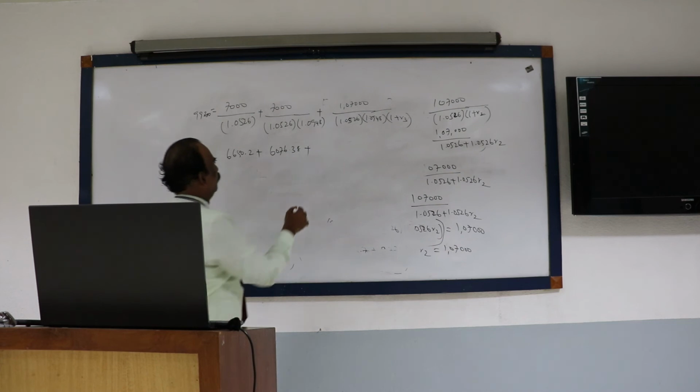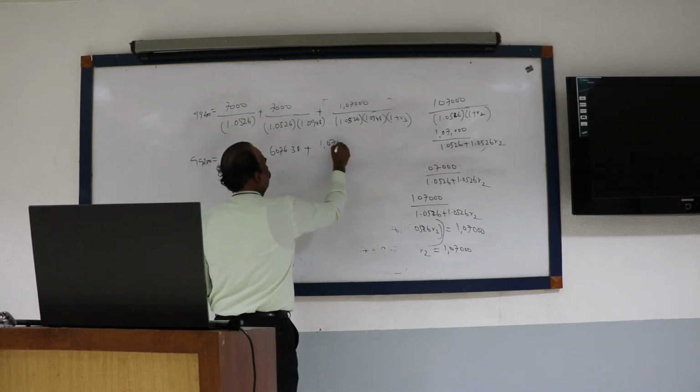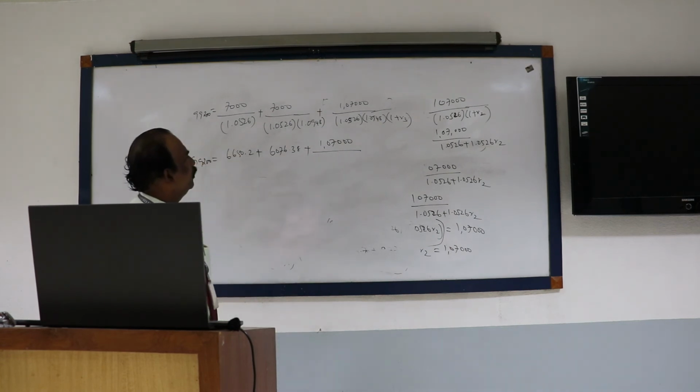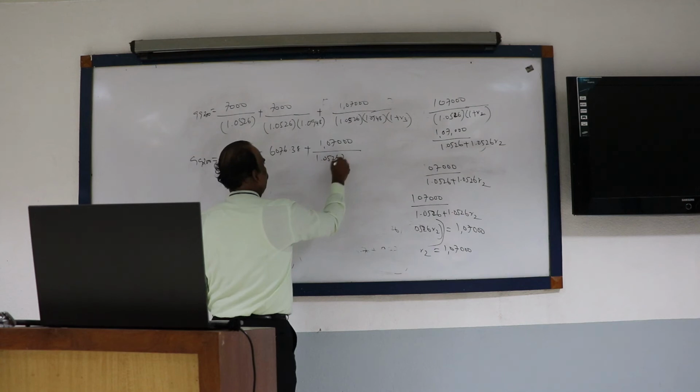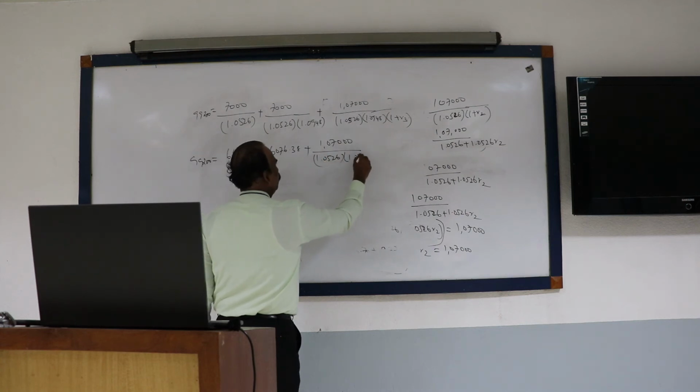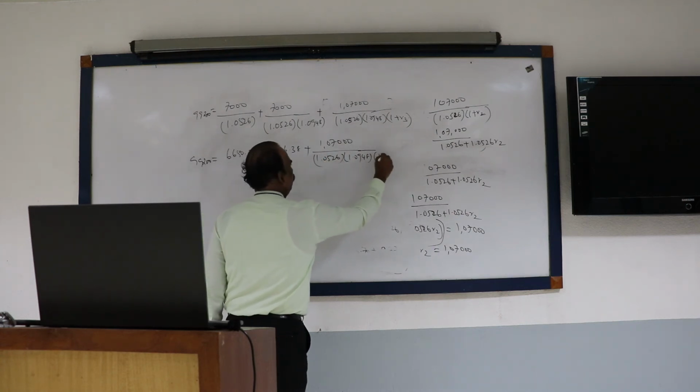You cannot do anything there. You have to keep it like that only. You cannot multiply. Keep it like this: 1.0526 into 1.0948 into 1 plus R3.